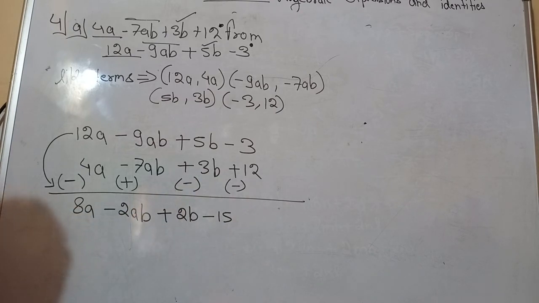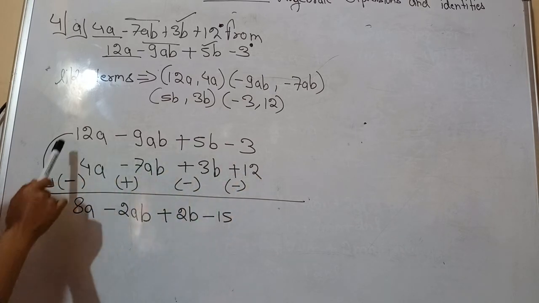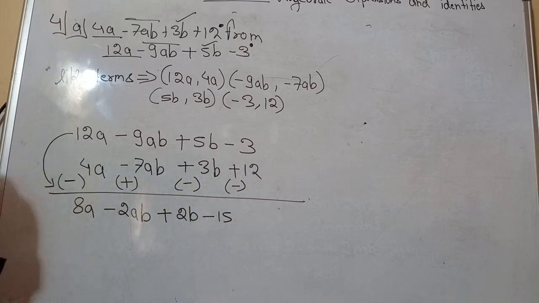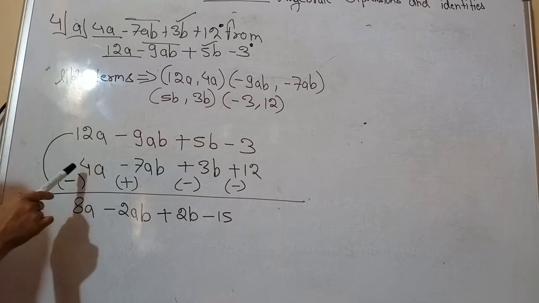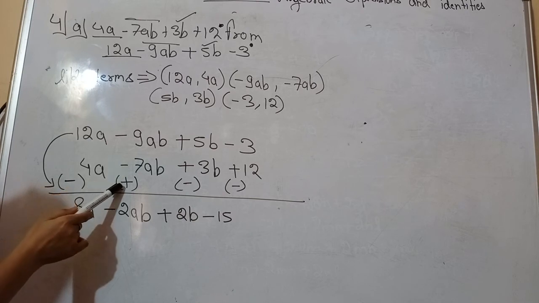Okay. Now what you have to do, in the first method we changed the sign, and in the second method also we have to change the sign. So which sign do we have to change? The term which is written downside, or the term which is written secondly, that term's sign we have to change. So 4a, no sign is given means plus sign is given, so we will change it to minus. Minus sign is given, so we will change it to plus.